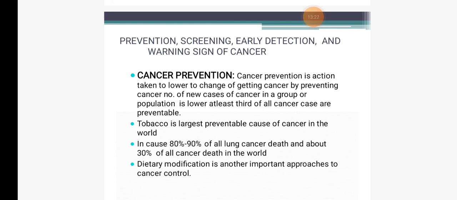At least a third of all cancer cases are preventable. Tobacco is the largest preventable cause of cancer in the world. It causes 80 to 90% of all lung cancer deaths, and about 30% of all cancer deaths in the world can be prevented. Dietary modification is another important approach to cancer control.